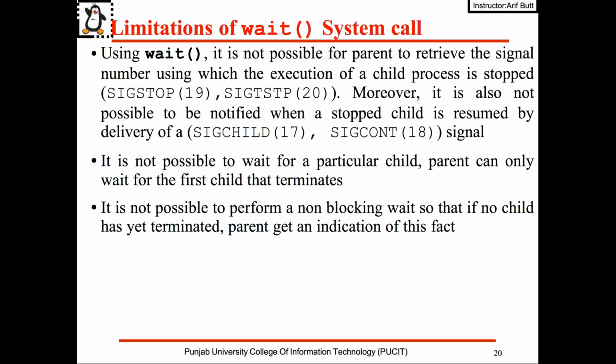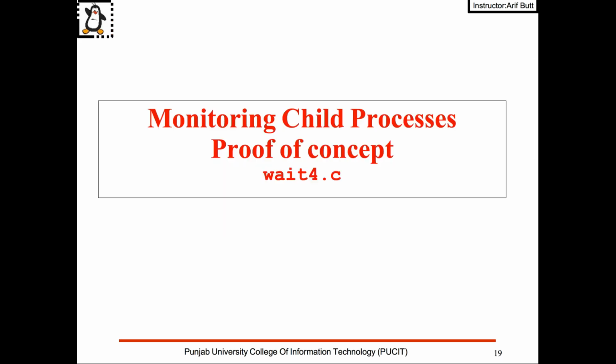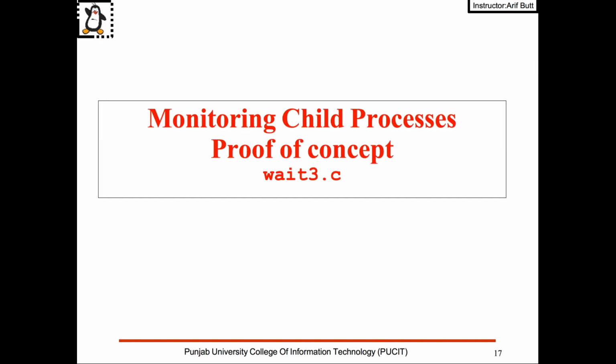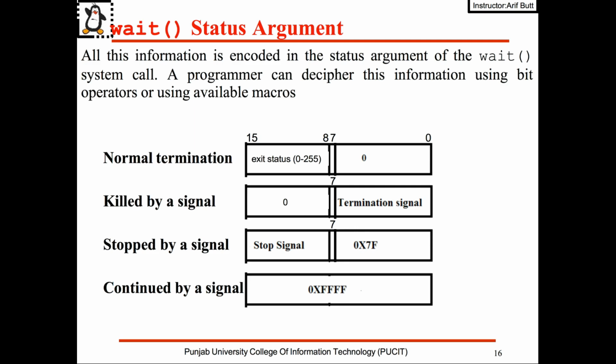So whatever we have studied over here, yes, the first two things, normal termination and killed by a signal, these two pieces of information can be gathered using the wait call, but these two cannot be gathered using the wait call.